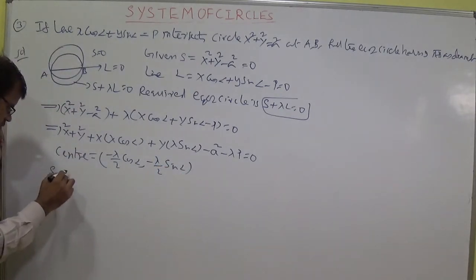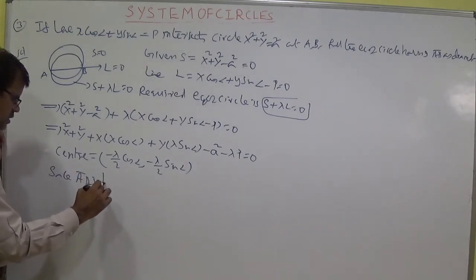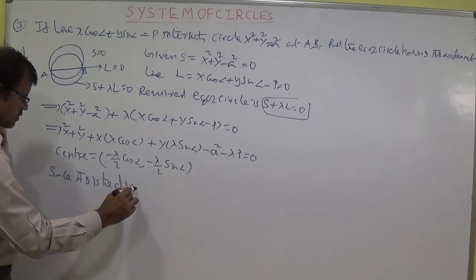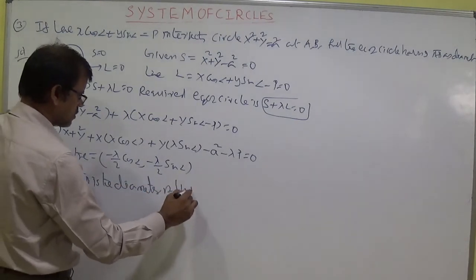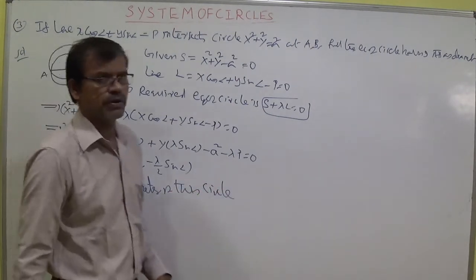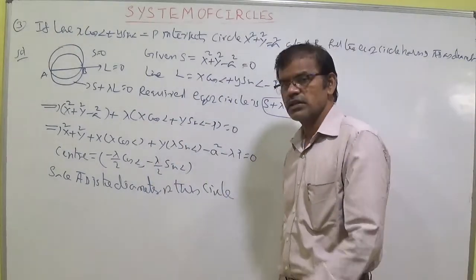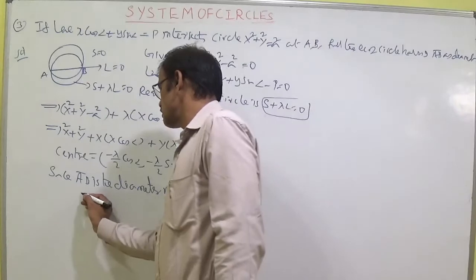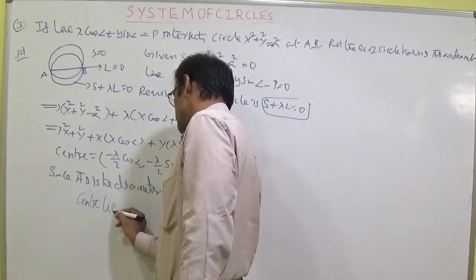Since AB is the diameter of this circle, this means the second circle passes through the points of intersection of the circle and the line. Since AB is the diameter of this circle, the center lies on AB. So this center lies on the line.